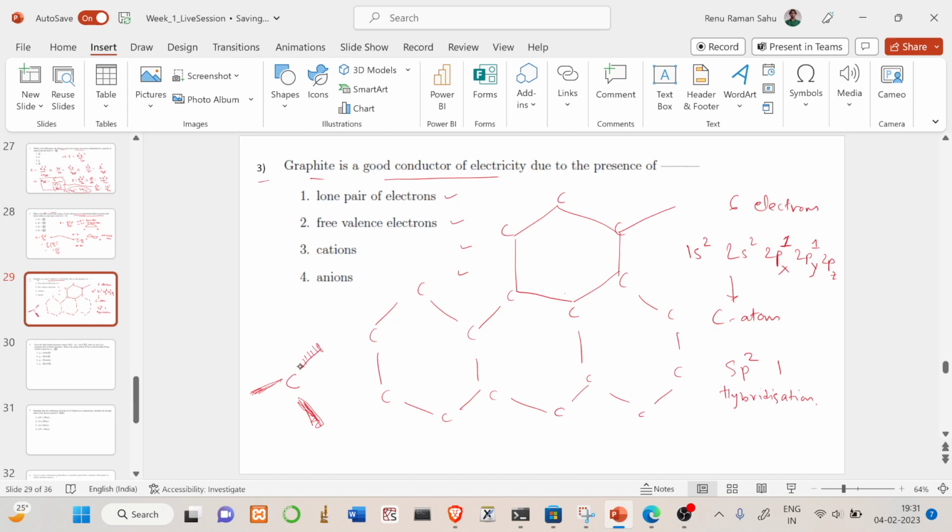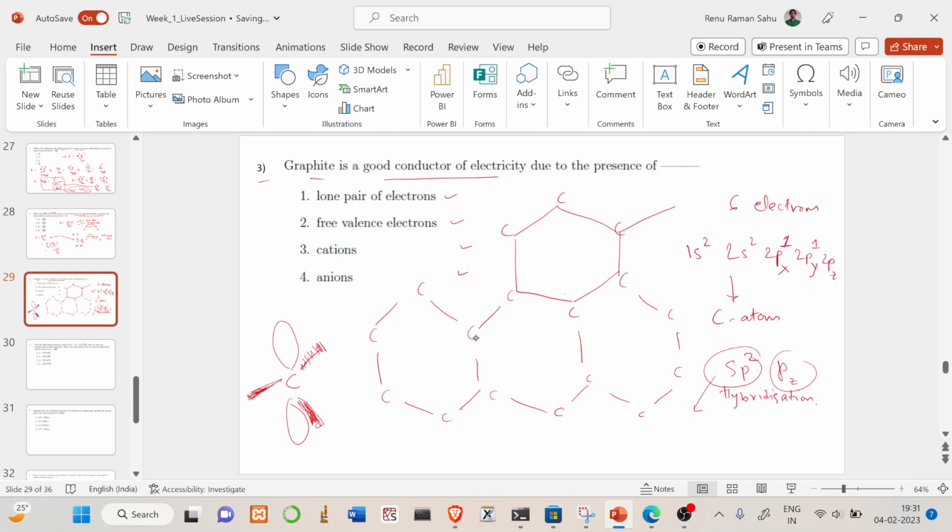So these three are the sp2 orbitals, which will have these three lobes like this: 1, 2, 3. And there is another orbital, which is pz, which is like this. So this is one lobe of the sp2 orbital, this is another lobe, and this is another lobe of the sp2 orbital.